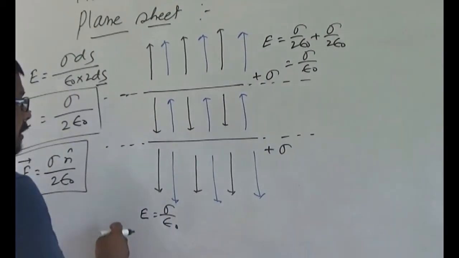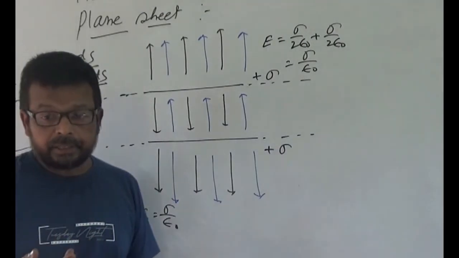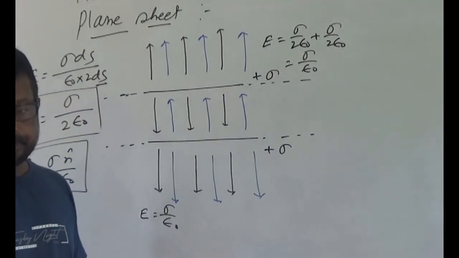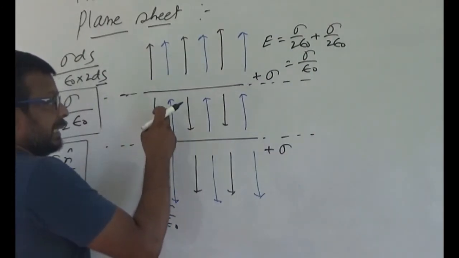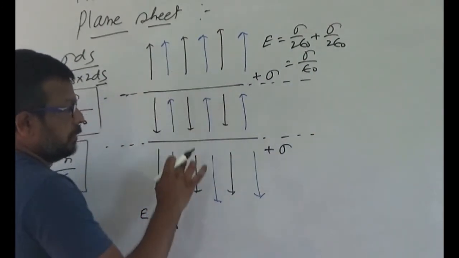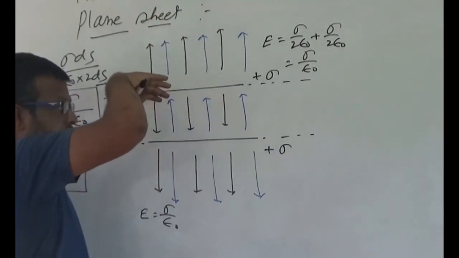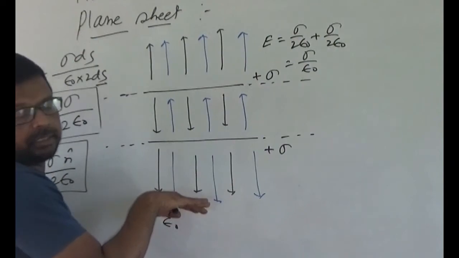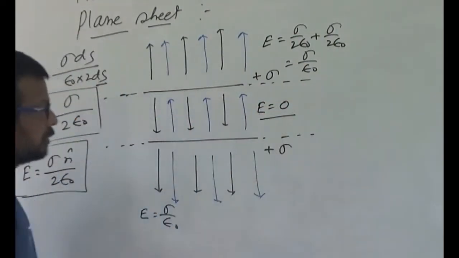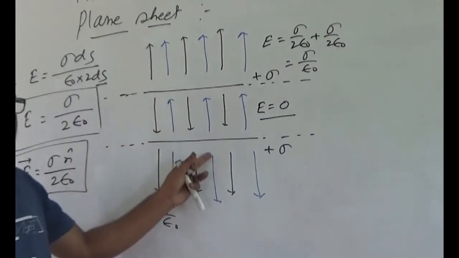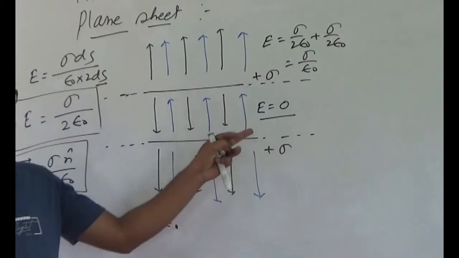But in between the two plane sheets, what will be the field? 0, because the fields are the same but in opposite direction. Blue lines are in the upward direction but black lines are in the downward direction. Therefore, the field in between two infinite plane sheets charged with the same type of charge will be 0.